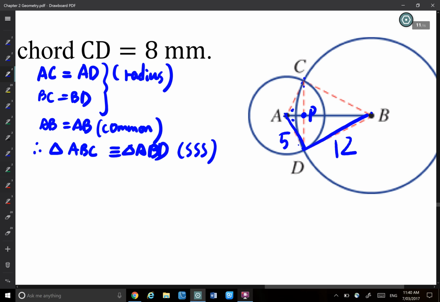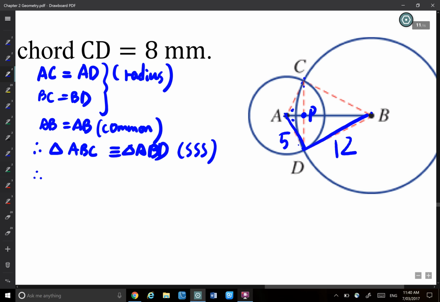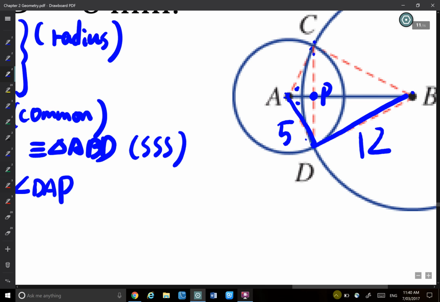So the two big triangles are congruent. Why do I want to know they're congruent triangles? Because I want the information that angle CAP must be equal to angle DAP.